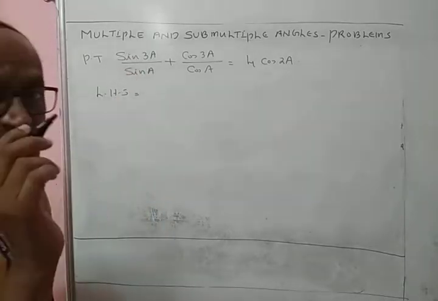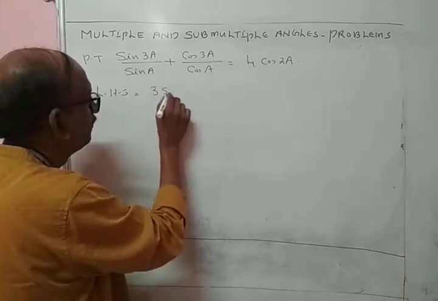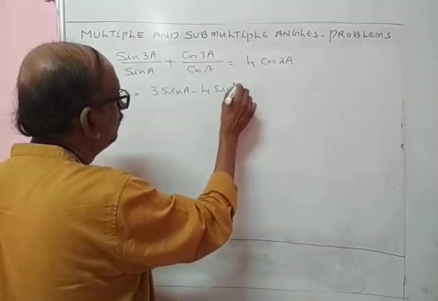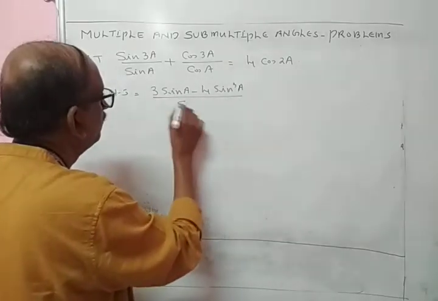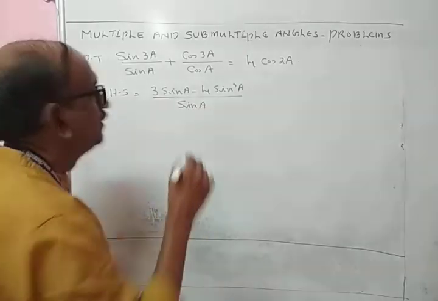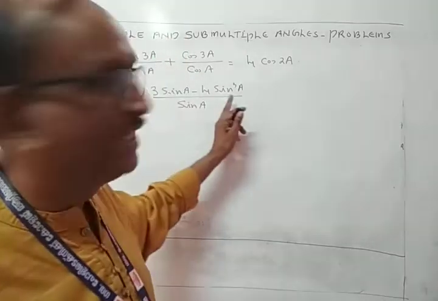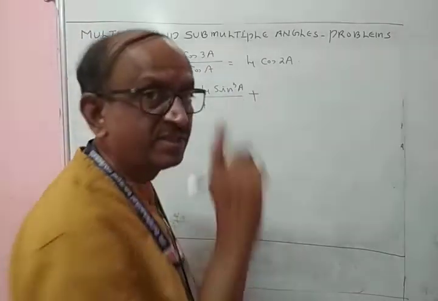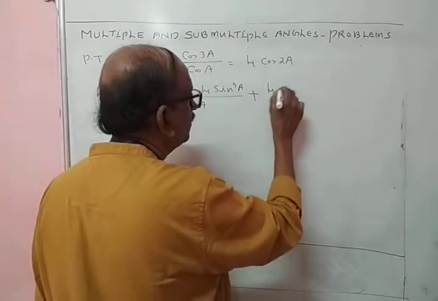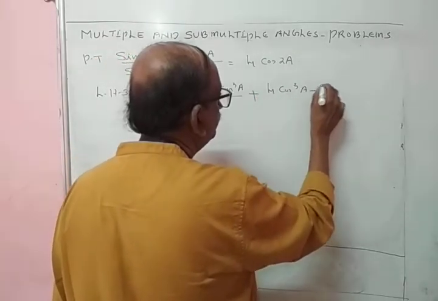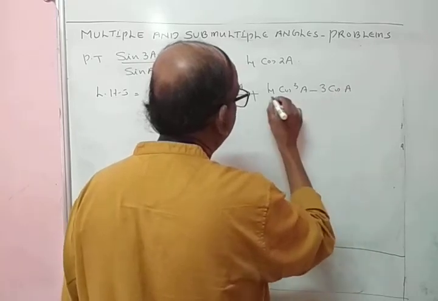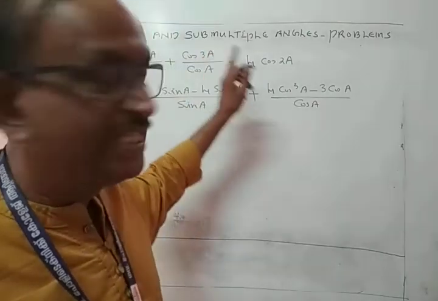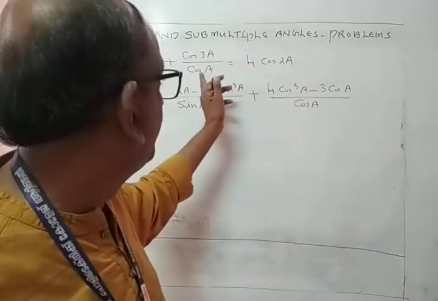Sin 3a is same as 3 sin a minus 4 sin cube a, divided by sin a, plus cos 3a. Formula for cos 3a is 4 cos cube a minus 3 cos a, divided by cos a.